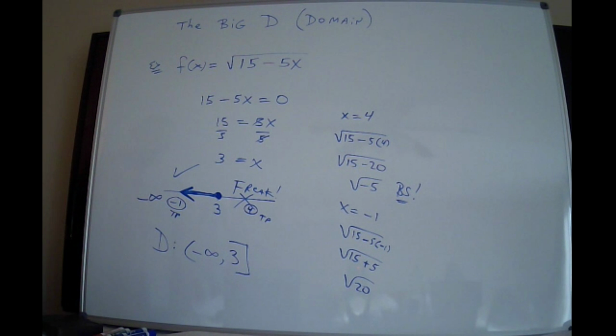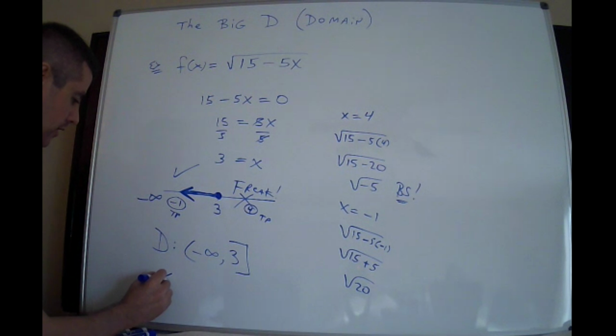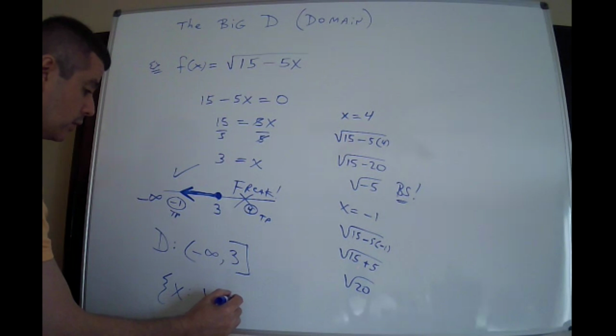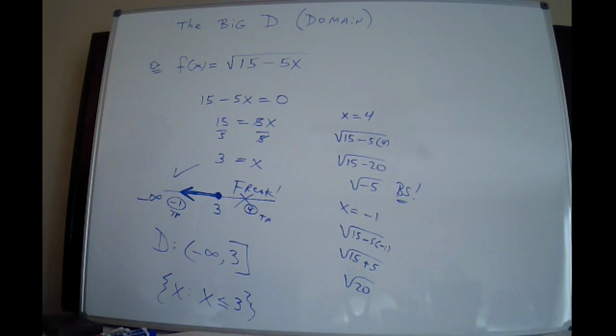Now, number line, interval. How else are you going to write this? You can write this in set notation. You can say, I want the set of all x such that x is less than or equal to 3. You can write in words all numbers less than or equal to 3, but that's kind of silly.